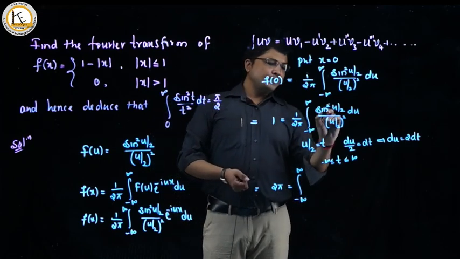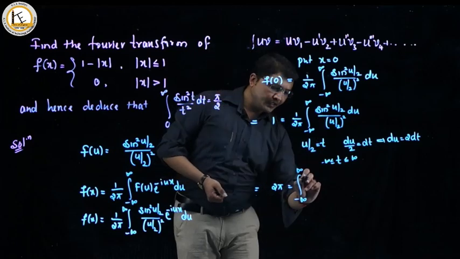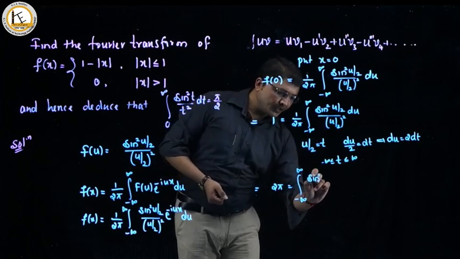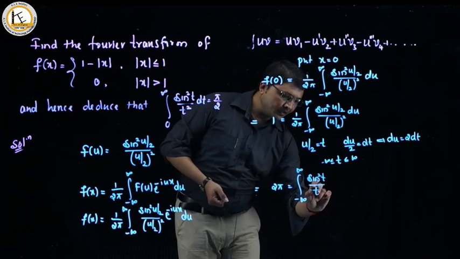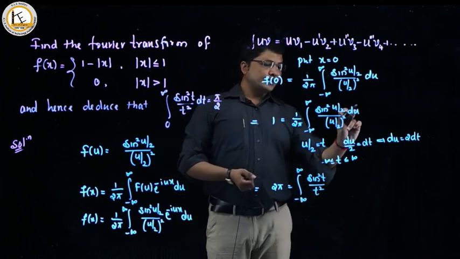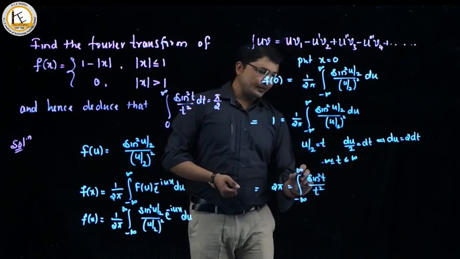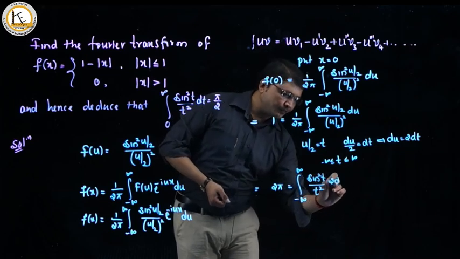Then replacing u by 2 as t, we have sine square t divided by t square, and this du is nothing but 2 times dt.